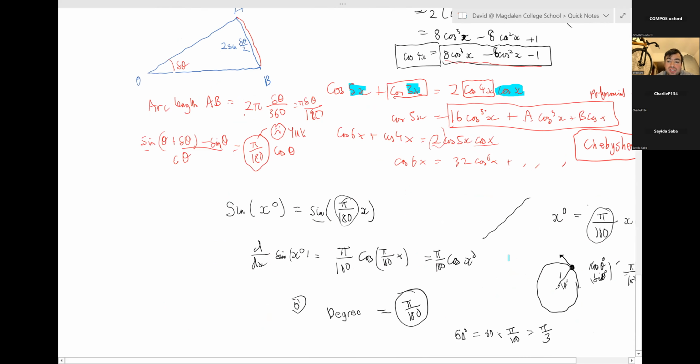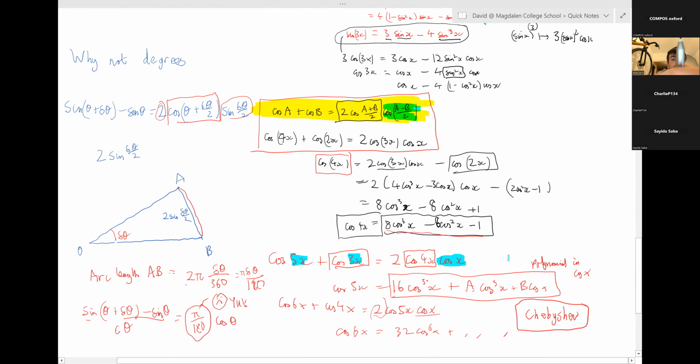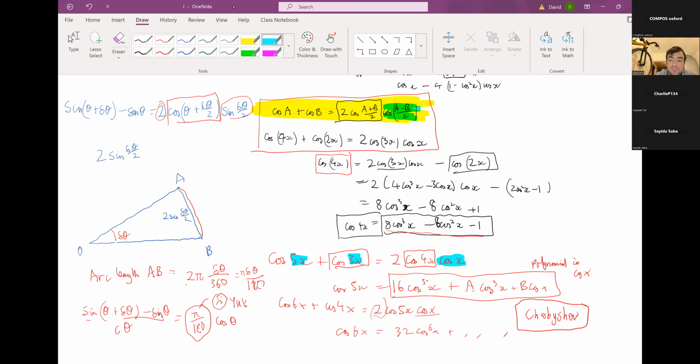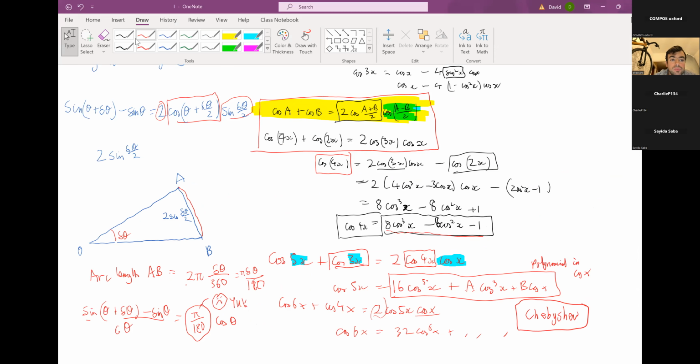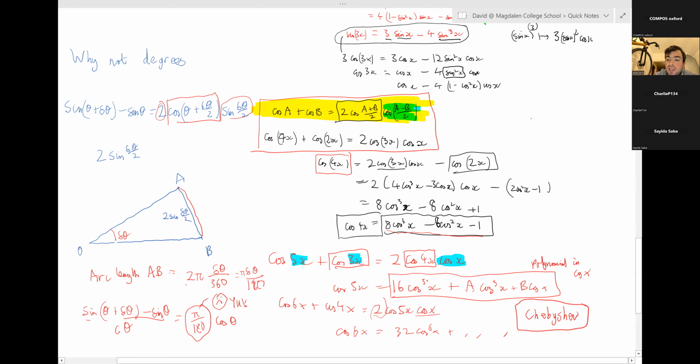What you could obviously do as well is something like cos 8x plus cos 2x, which is then 2 lots of cos 5x, and then half of the difference is cos 3x.